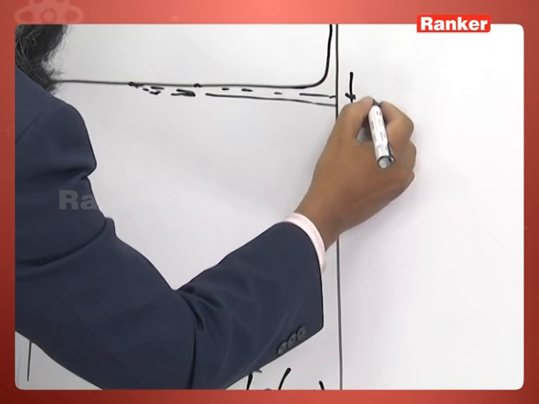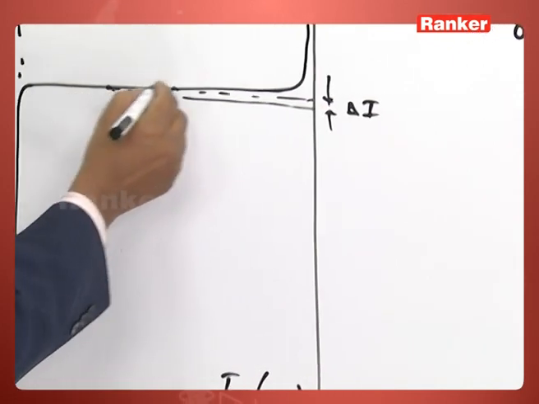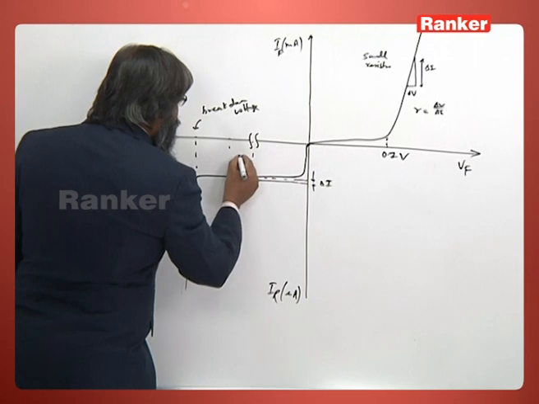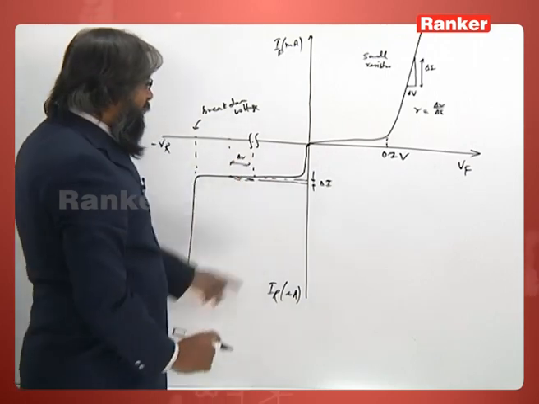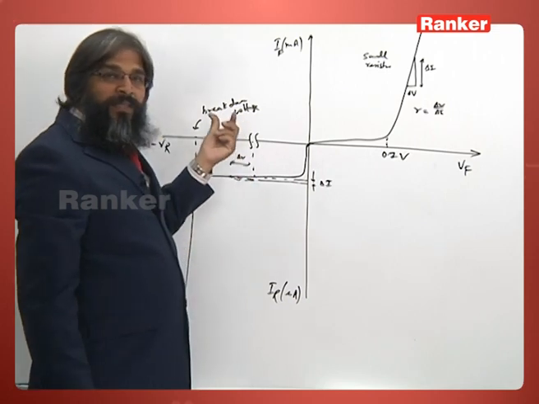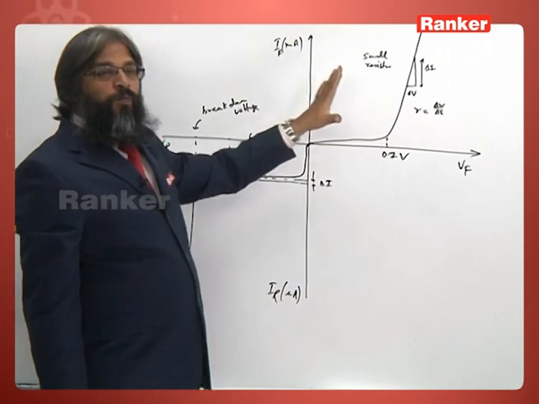So this is delta I and the corresponding voltage is delta V. You see delta I is very small, so this resistance is tens of thousands of times more than the resistance during forward bias.